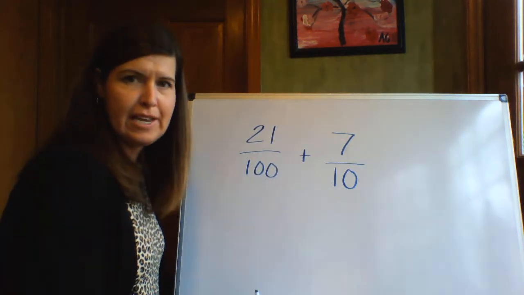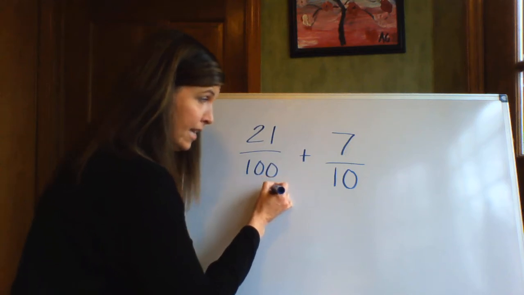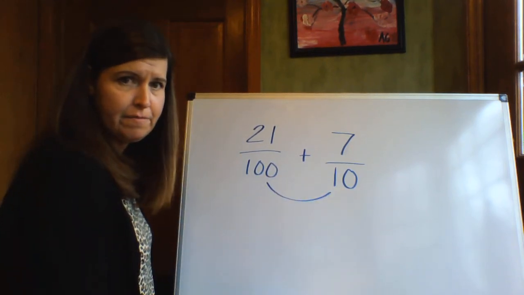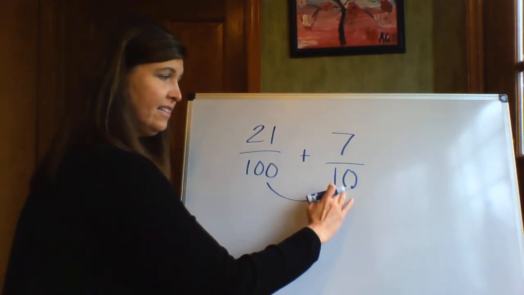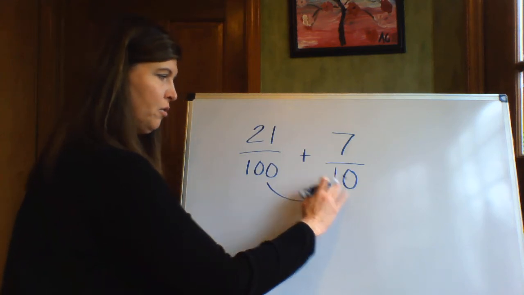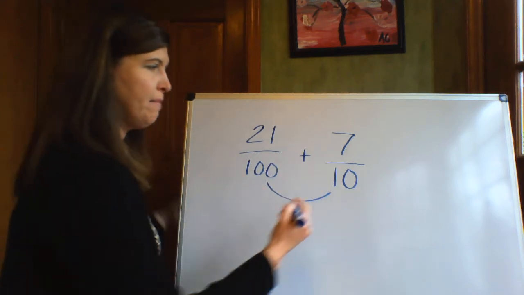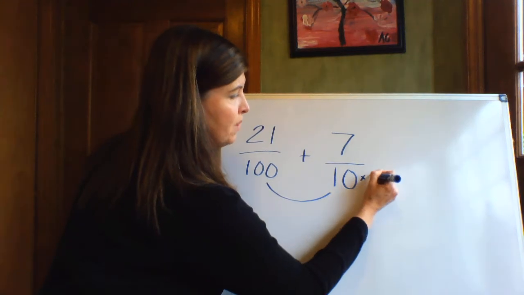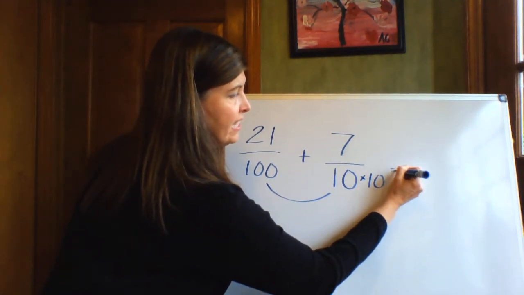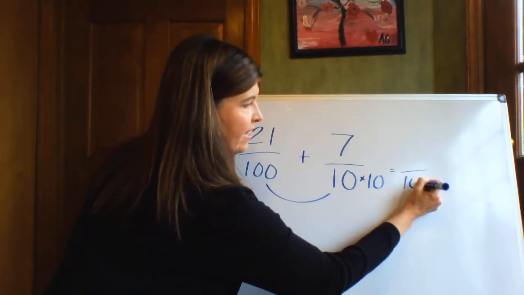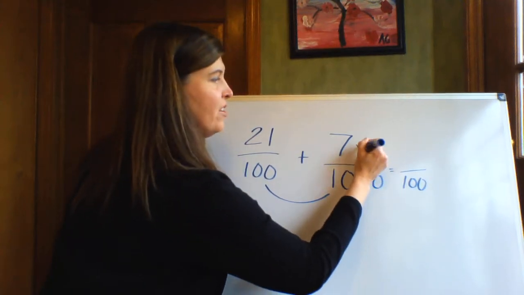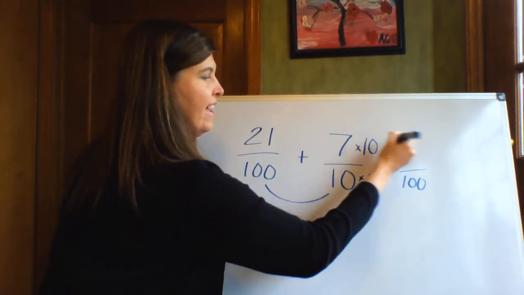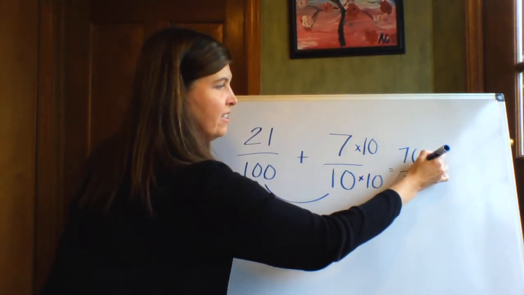We still need to do the same thing. We still need to have the same denominator here. So how do we make this 10 equivalent to 100? We're going to multiply it by 10. So I'm going to multiply the denominator by 10 and get 100, and the numerator by 10 and get 70.